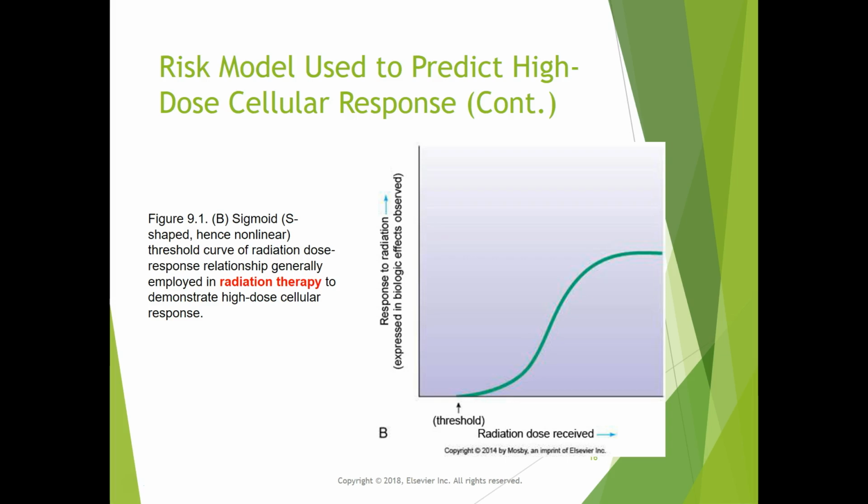Okay, this is used for radiation therapy. And it shows that at the highest radiation doses, the curve gradually levels off and then veers downward. And this is due to the affected living specimen or tissue dying before the observable effect appears. So note, all you need to know on this is that it is another threshold curve, okay, and it's used for radiation therapy.